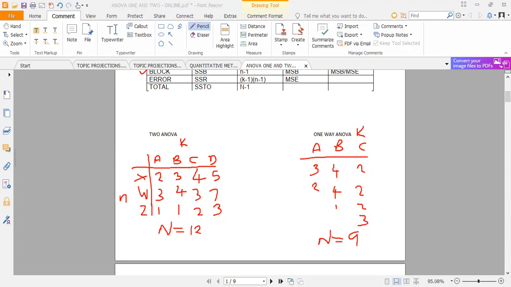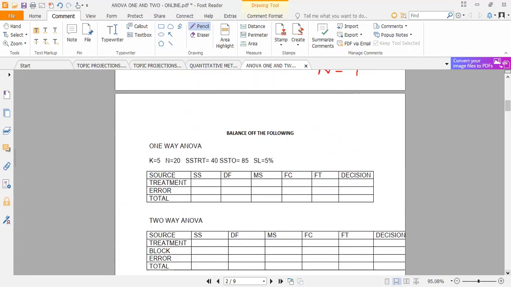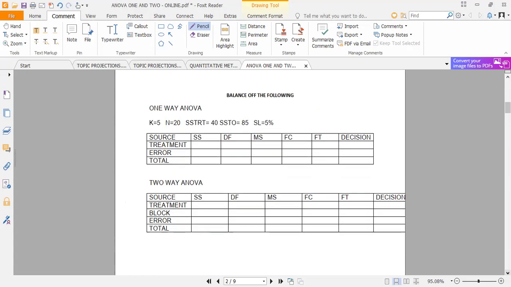So now we're going to learn how to balance what we call the ANOVA tables. On a one-way ANOVA, we've been given the data as follows. What is our sum of square treatment? 40.